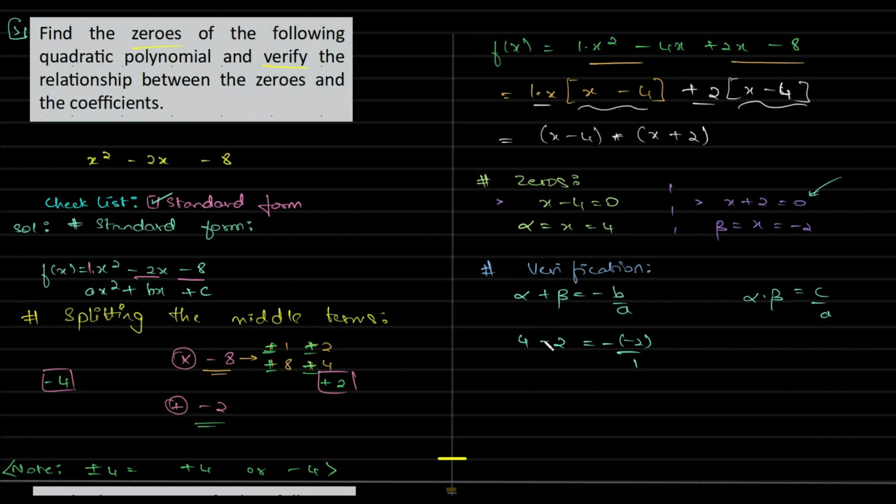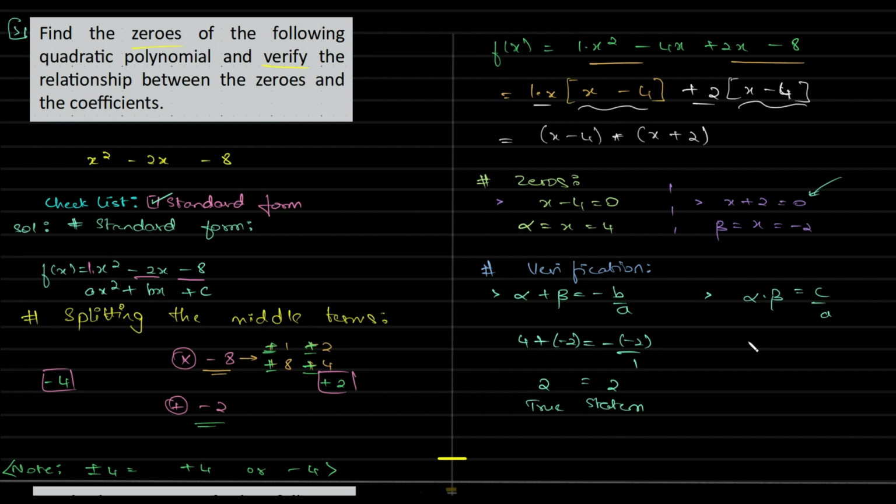If you want to be careful, you can write 4 plus of minus 2, because beta is minus 2. On further solving, 4 plus of minus 2 you get 2, and here you get 2. This is a true statement. After leaving a line, you should start with this; please don't write it next to each other.